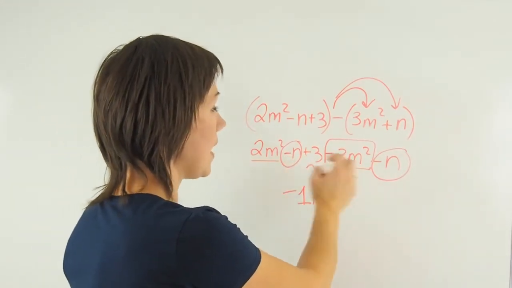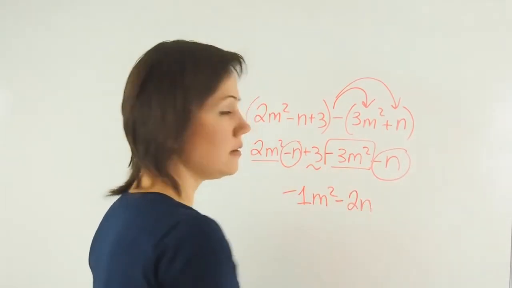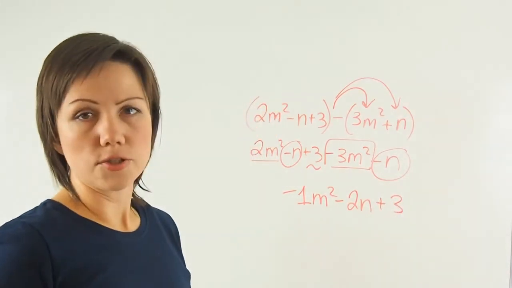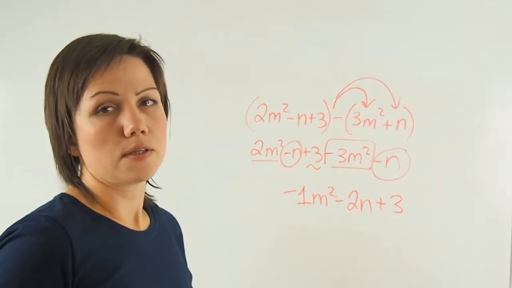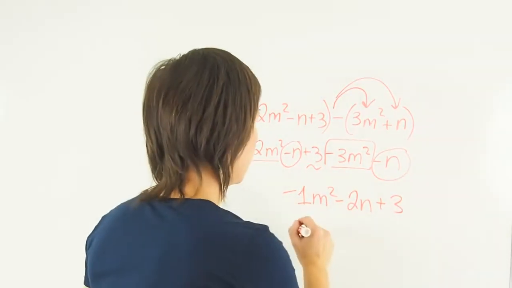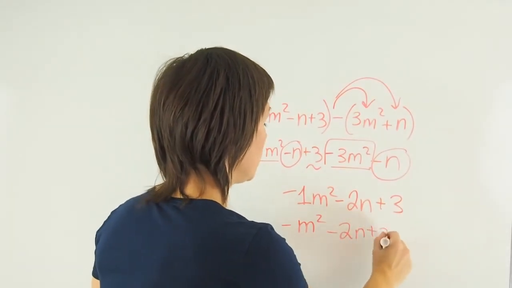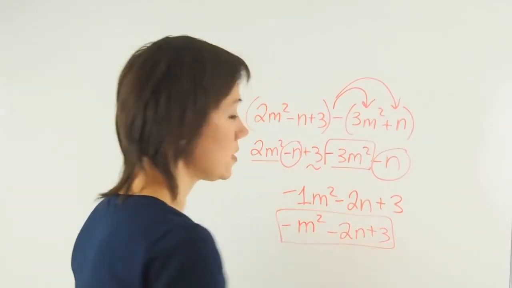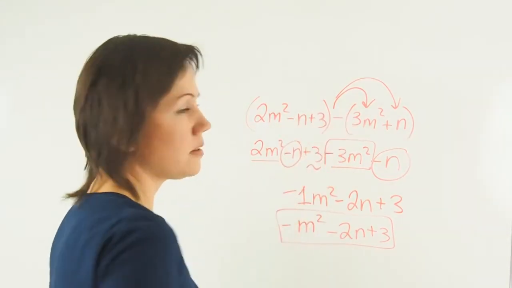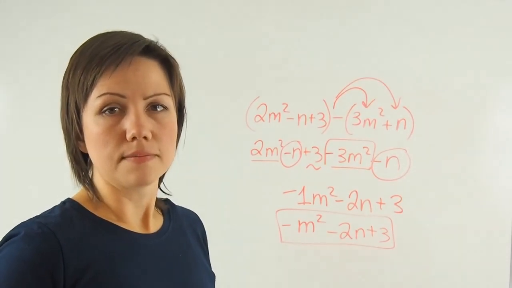Negative 1n and negative 1n is negative 2n, and then plus 3 does not change. Since we usually are not writing 1 as a coefficient, we can rewrite it as negative m squared minus 2n plus 3. And this is our simplest expression from the original difference of two polynomials.